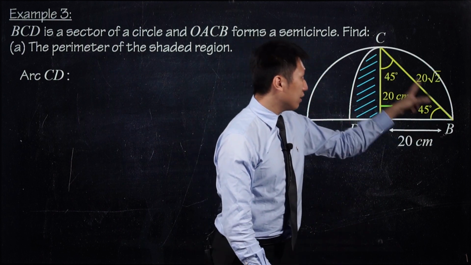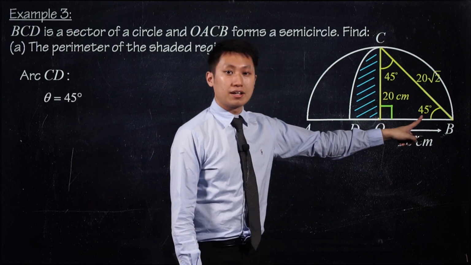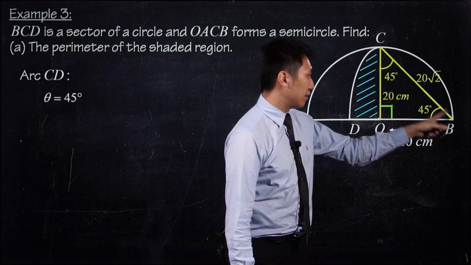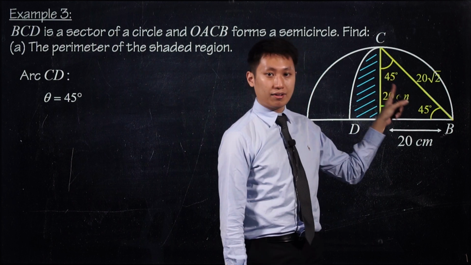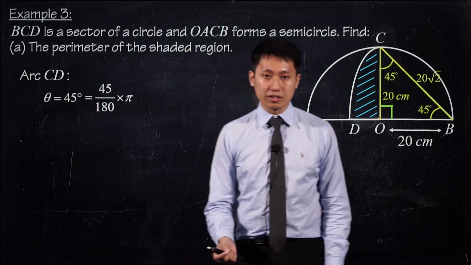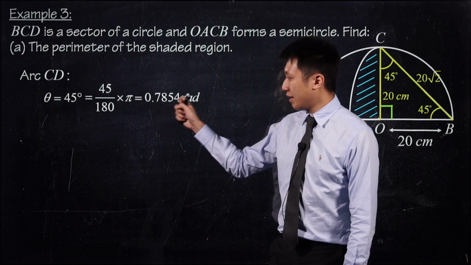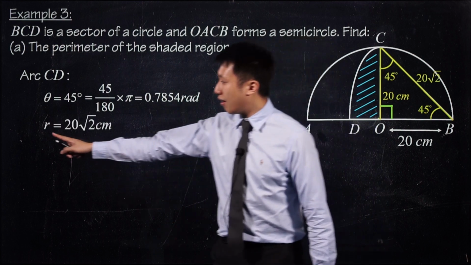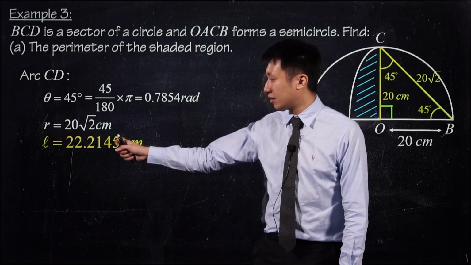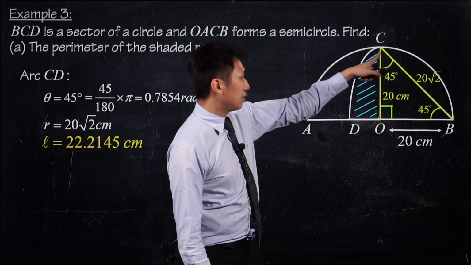We know the length here is 20 square root 2, so theta is 45. 45 is the thing that you found, because same length, same angle. 45 degrees, so change to radian because you are going to use the formula r theta. 45 degrees is 0.7854 radian. r is 20 square root 2 cm. So L, you just multiply them together, you get 22.2145. That is this side.